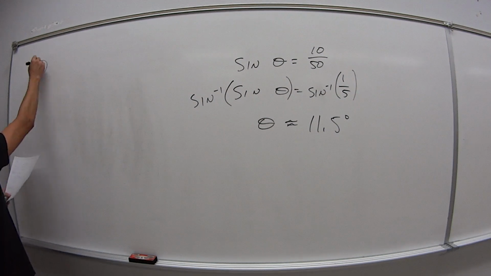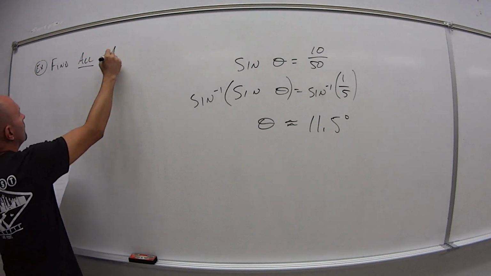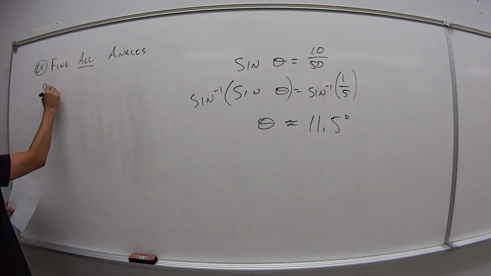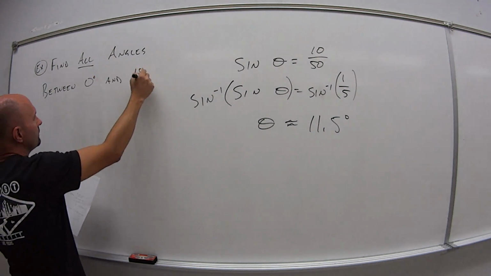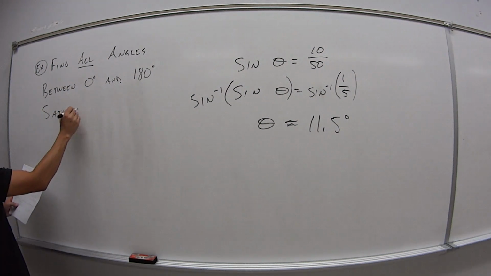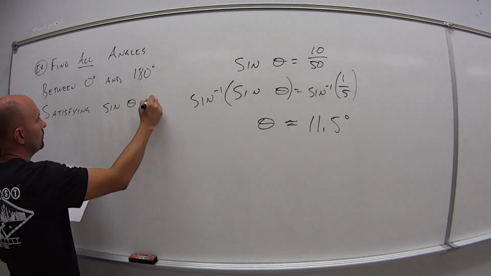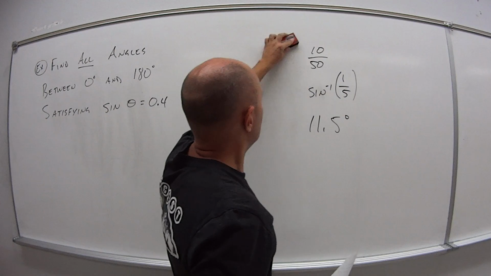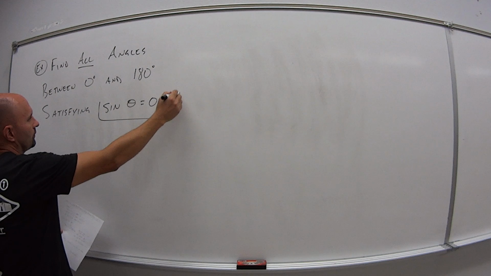Let's say, as an example, we want to find all angles between 0 degrees and 180 degrees satisfying sine of theta is equal to 0.4. So this is the part we're concerned with.